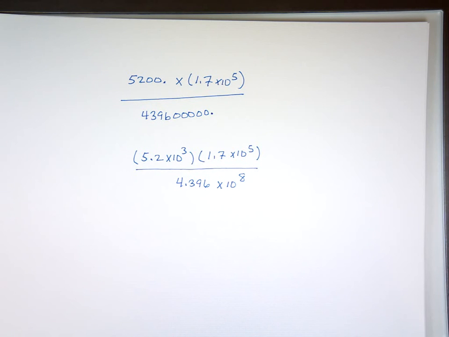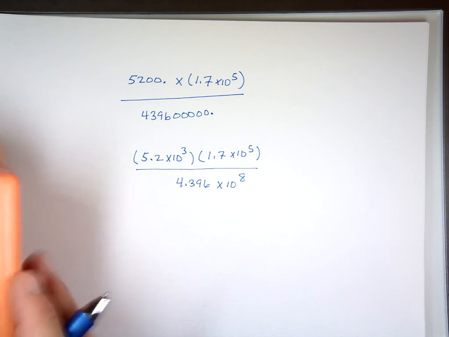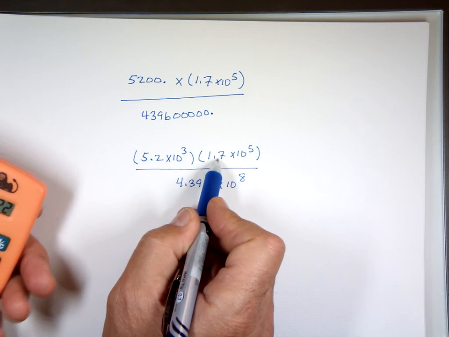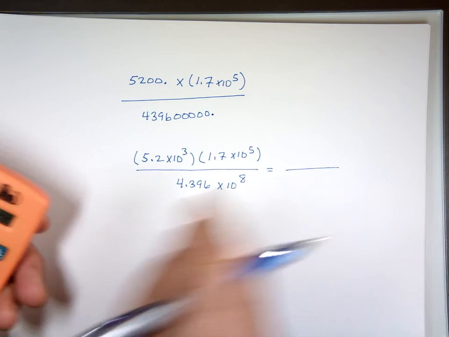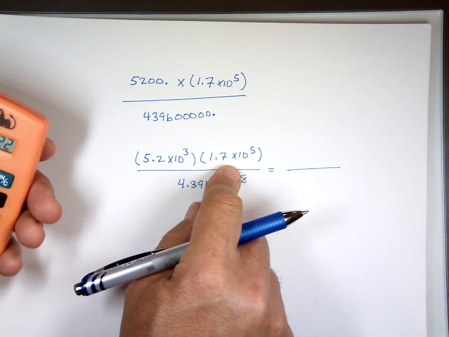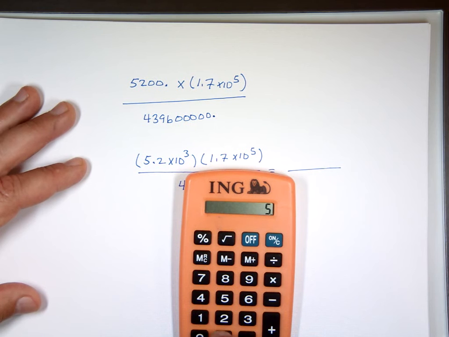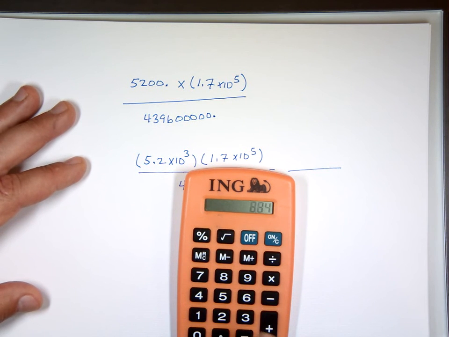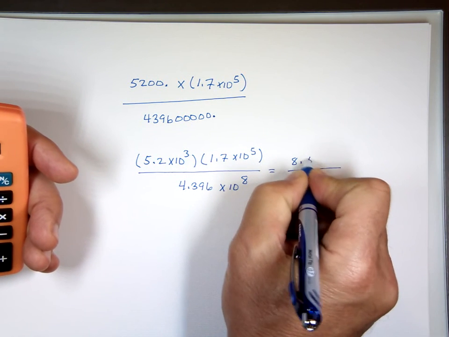I need to multiply the two top numbers. I'm using my cheap calculator. I only have to multiply these two, the 5.2 times the 1.7. What's 5.2 times 1.7? There's my cheap calculator. 5.2 times 1.7 equals 8.84 times 10.